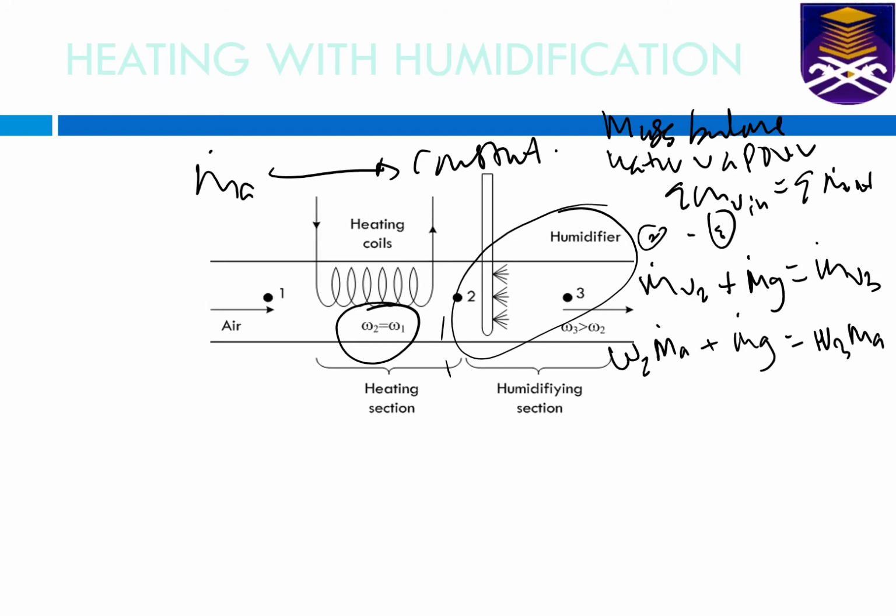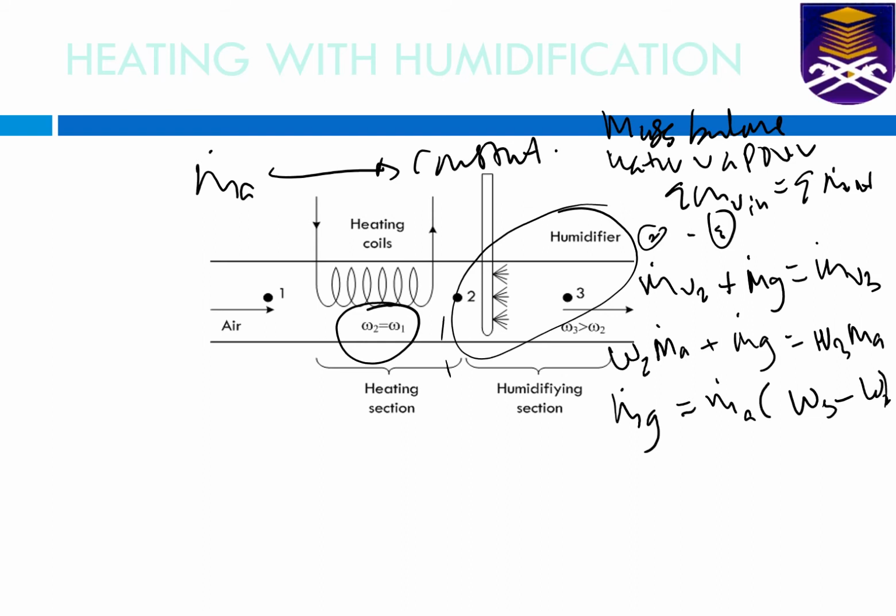So the amount of moisture that is added is equal to m dot a (omega 3 minus omega 2).